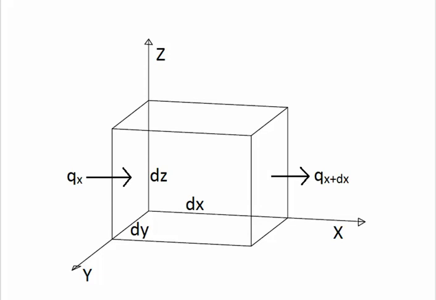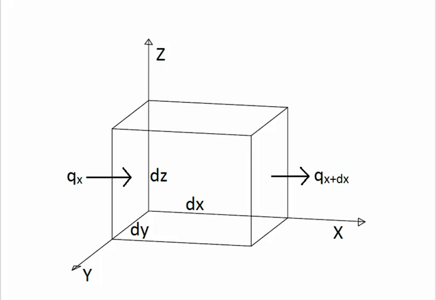So we have mentioned it as qx plus dx, and dx is the variation of the heat induced during the motion through the cuboid or cube.